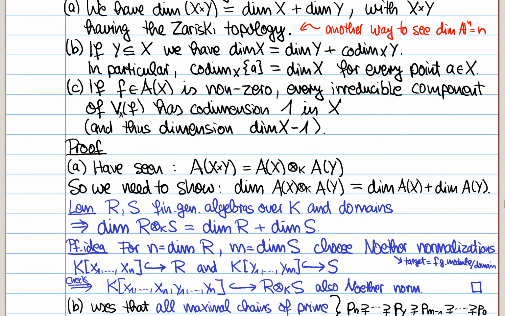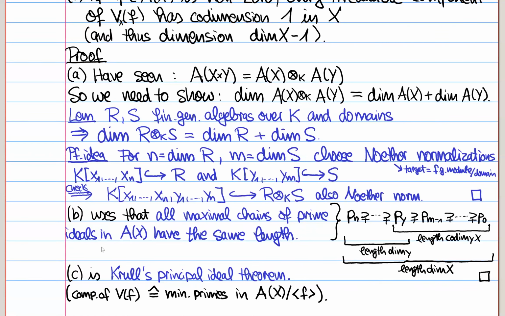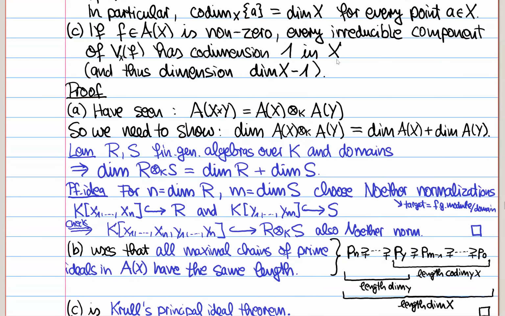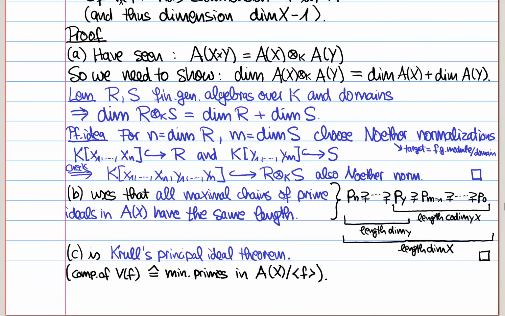And then the final thing about this single equation f, which cuts out V(f). The fact that this has codimension 1 means that every irreducible component of this V_X(f) has codimension 1, and we observe that the components of this vanishing locus that we have seen before correspond to the minimal primes in this quotient ring.